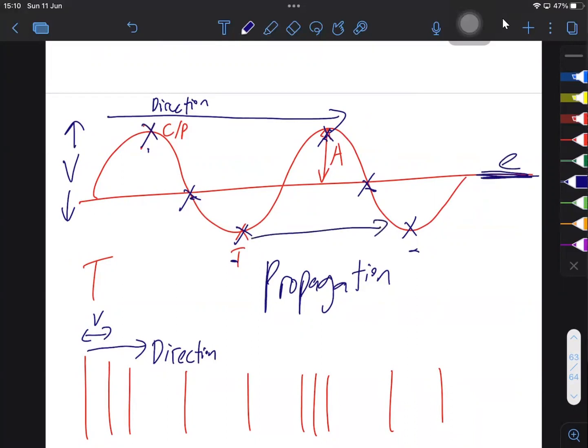I just said that this here is one wavelength. Equilibrium position, literally your x-axis.